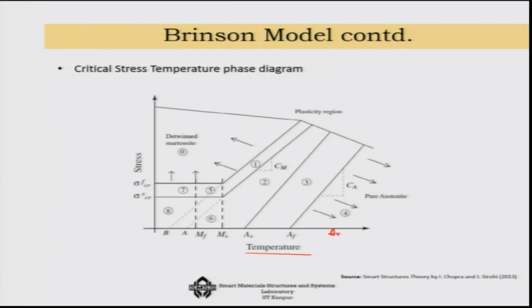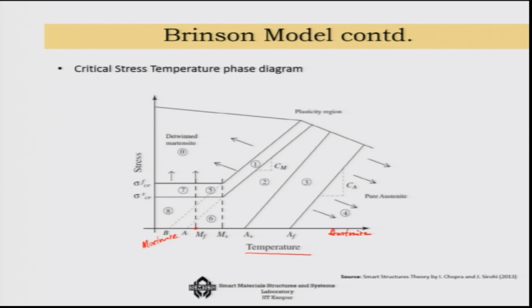So, this part is austenite, and as I reduce the temperature, I will come first to this particular point, which is the Martensite start and then Martensite finish. Beyond this stage, if I cool it with no additional stress on this line, I will come back to the Martensite stage.